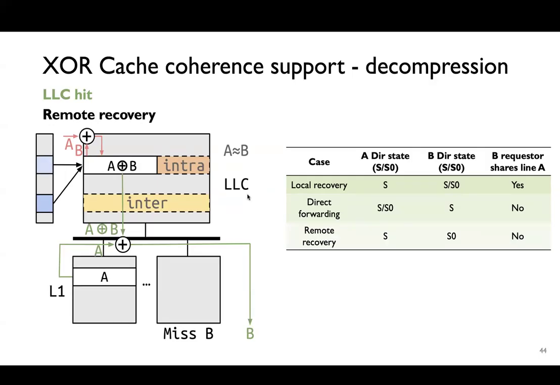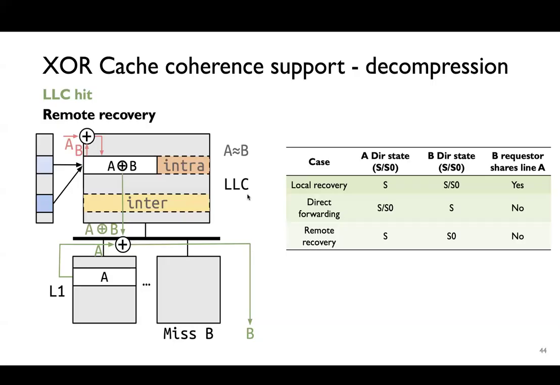In our last case, remote recovery, line B has no shared copy in the private cache. Therefore, it is in S0 state in the last level cache. Also, B's requester does not share a copy of line A locally, but there is another private cache, the one on the left, that has a shared copy of A. So in this case, the LLC forwards its XOR line to it, it recovers B remotely, and then finally sends it back to B's requester.